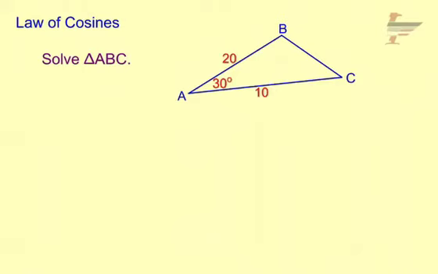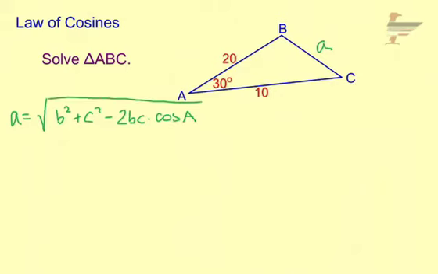In this case, we have a formula for side A, where side A equals the square root of b squared plus c squared minus 2bc times cosine of angle A. And we have side B, side C, and angle A, so we have everything we need to solve for side A.